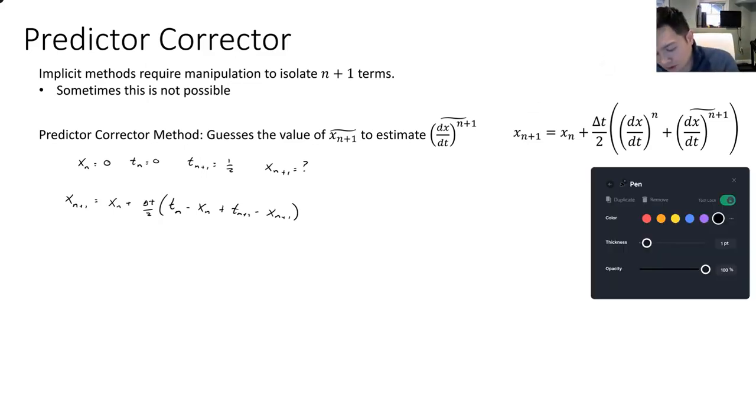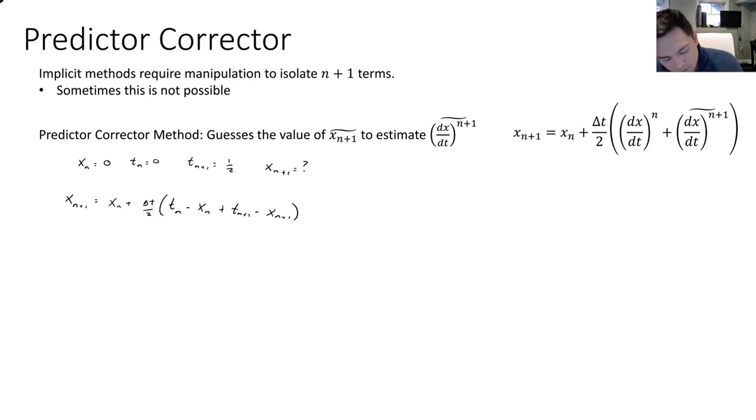But what we're going to do is say, okay, what if we're only approximating the value on the right-hand side? So what if we call this our first guess of what x of n plus 1 was? Well, if we have a first guess for x of n plus 1, that's going to give us maybe our second guess for x of n plus 1. And then we could use that second guess to give us a third guess and see if we converge towards a value.